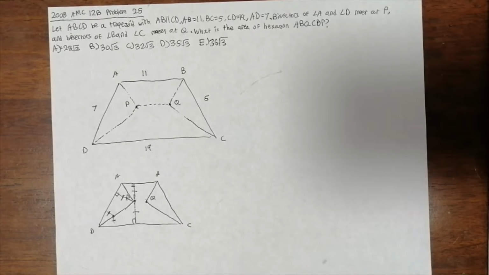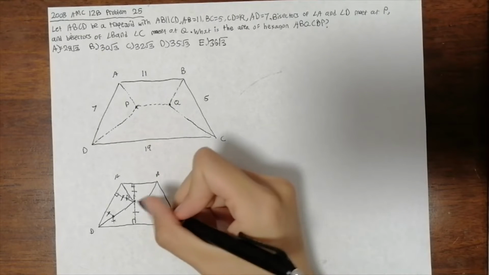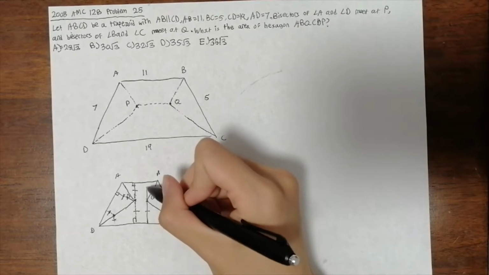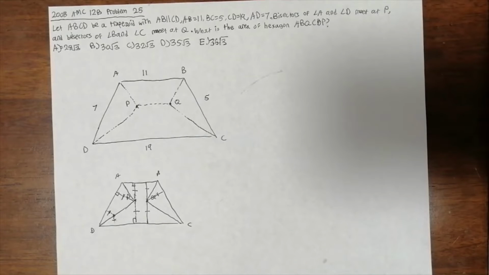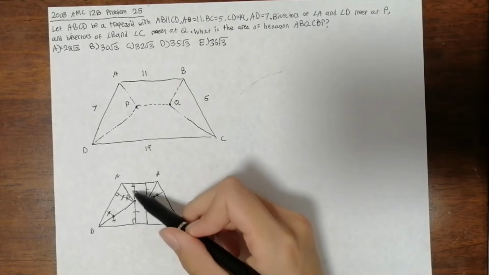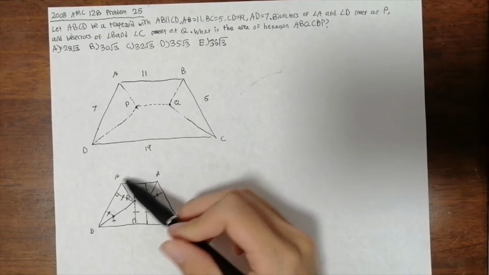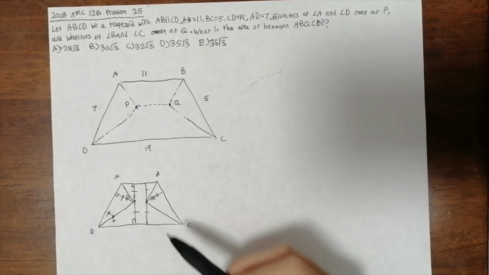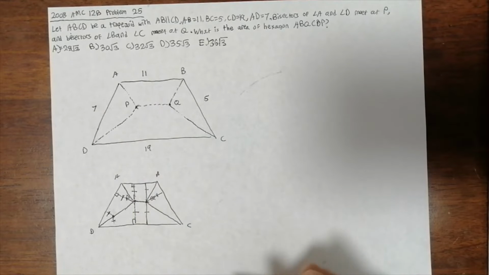And we can use the exact same reasoning for point Q and show that this is also equidistant. You can see that it lies on the midpoint between sides AB and CD. So points P and Q must lie on the midline of trapezoid ABCD.